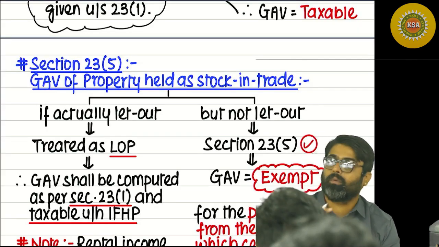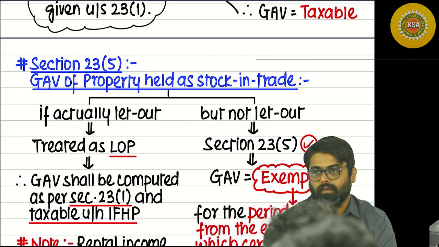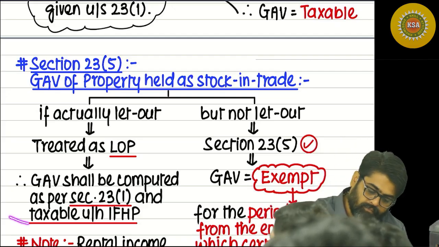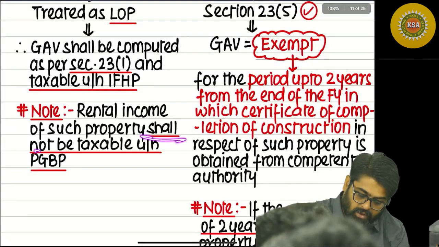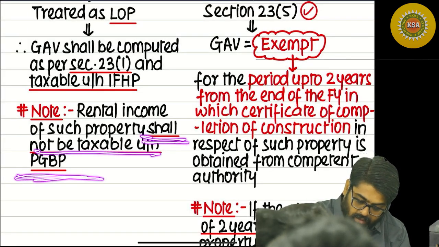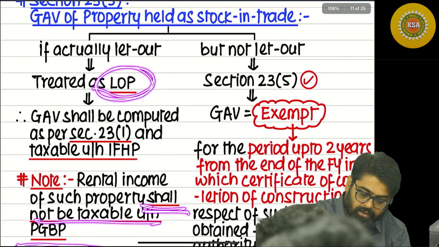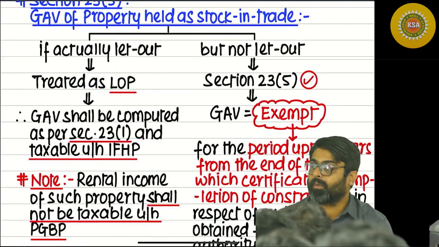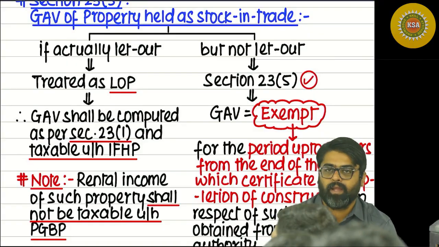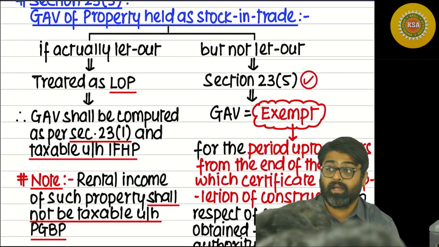It has to come to the house property head. Will you remember this? Everyone? Rental income of such property shall not be taxable under the head PGBP. Rather, this property will be treated as LOP, and as per 23(1), its annual value will be taxable in the hands of the assessee having this property as stock in trade.